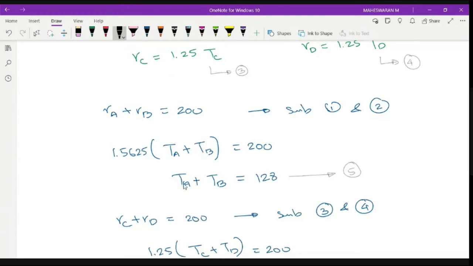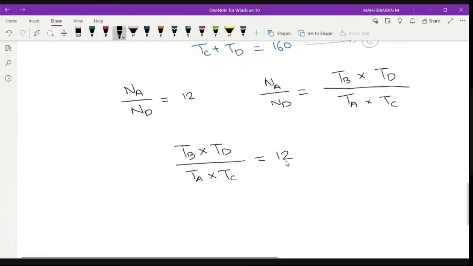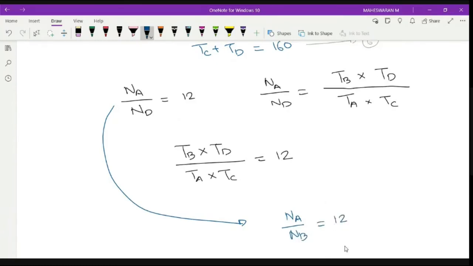See, I will give a clue. Speed ratio. Can you split your speed ratio? Is it possible for you to split the speed ratio? Yes, sir. NA by ND, NA by NB into NC by ND. Yes, sir. So in that case, I can write NA by NB is equal to 12, yes or no?